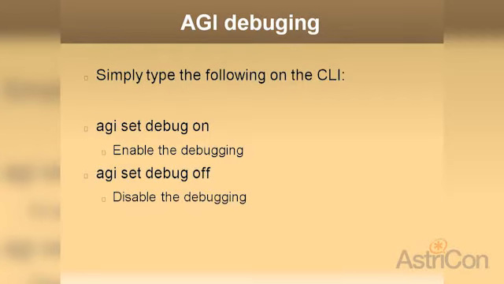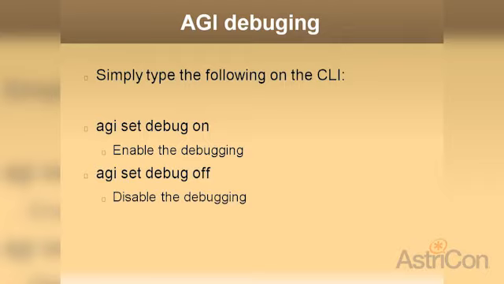Of course, at some point when you're creating your AGI, you will want to debug, because maybe your goal is to say 1, 2, 3, and you do not hear 1, 2, 3. So you can turn on all the debugging from the CLI. You simply call the CLI command agi set debug on. That will turn on the debugging for all AGIs. And to stop debugging, you use the CLI command agi set debug off.